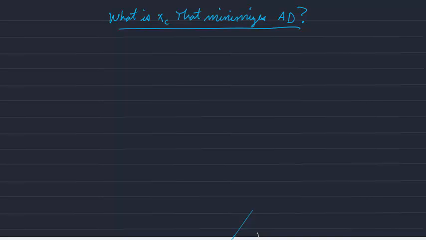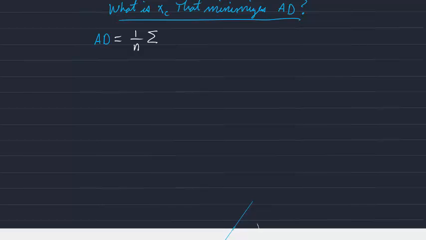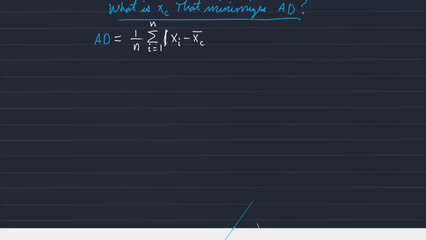Okay, so remember the mean absolute deviation is equal to 1 over n times the sum from i equals 1 to n of the absolute deviation of each value from the center value. And let's take the derivative of AD with respect to xc.